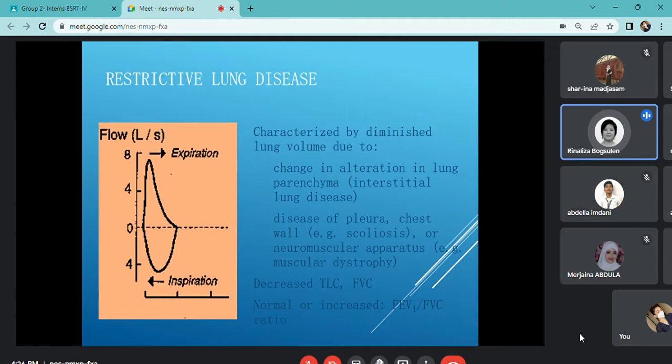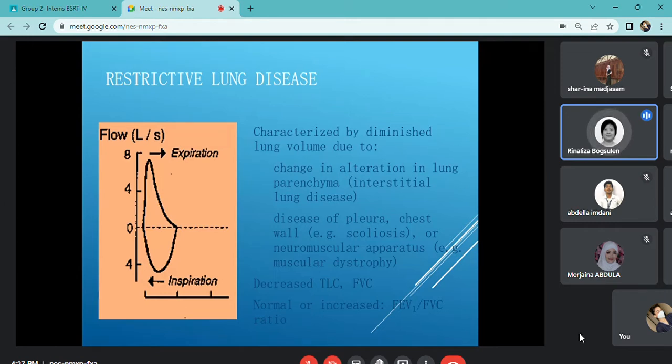Kaya do not ever use FEV1 as your basis for your interpretation, because whether it is RLD or OLD, that will actually be decreased. Magkaiba lang yung rason kung bakit sila nagdi-decrease. What is the pathology in your obstructive lung disorder? Why will you have now a decrease in your FEV1? The reason why you have a decrease in your FEV1 in your obstructive lung diseases is due to obstruction.